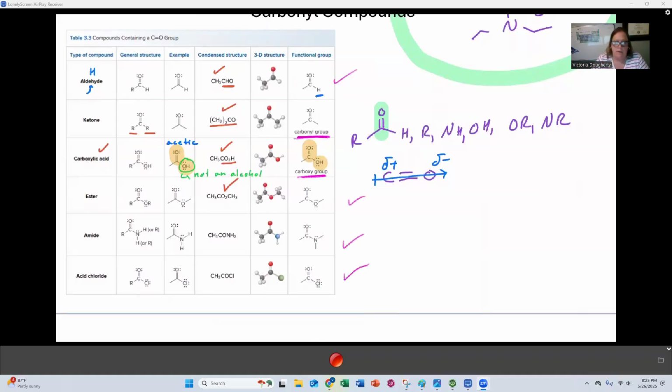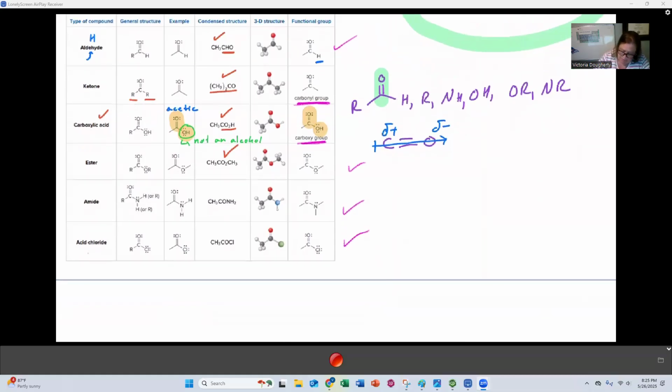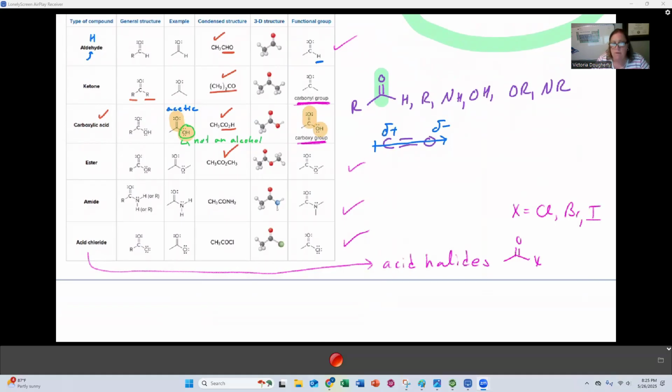With acid chlorides, obviously the group is going to be a chloride, but you might also hear these referred to as acid halides. I don't know why, but JDOG only uses acid chlorides, but we also see where X is equal to chlorine, bromine, and iodine. So they come in a lot of different flavors.